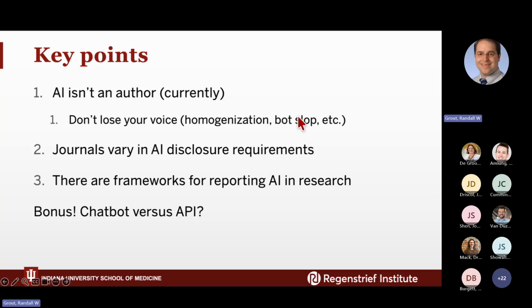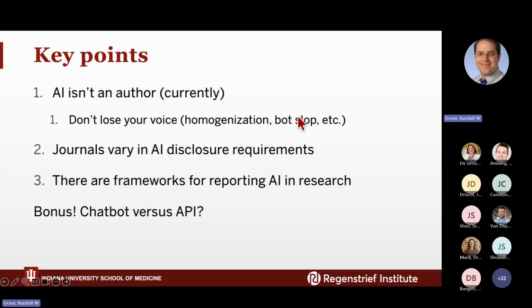Concerns about homogenization: we lose the variability, the distinct styles of writing and ideas. The bot slop, AI slop. We all know it tends to be extra wordy or converging on certain words and delving into certain things. Those are things that threaten the academic literature at large and things to be aware of.